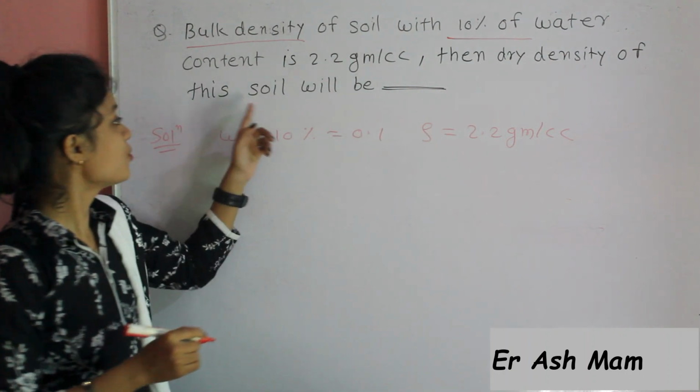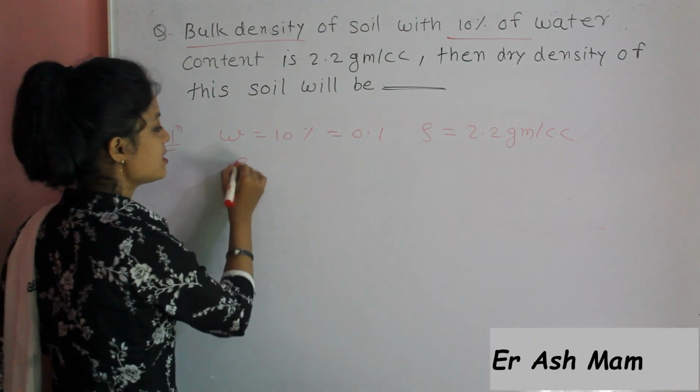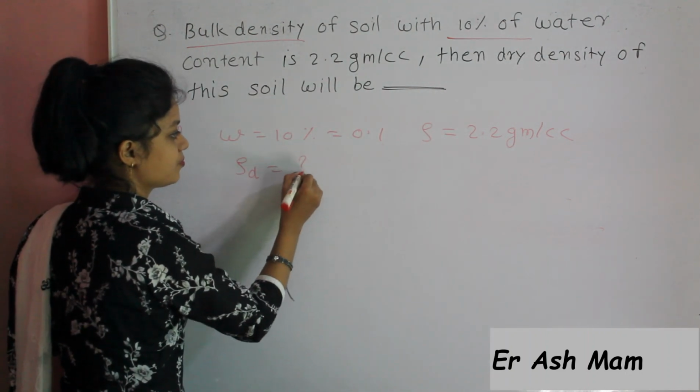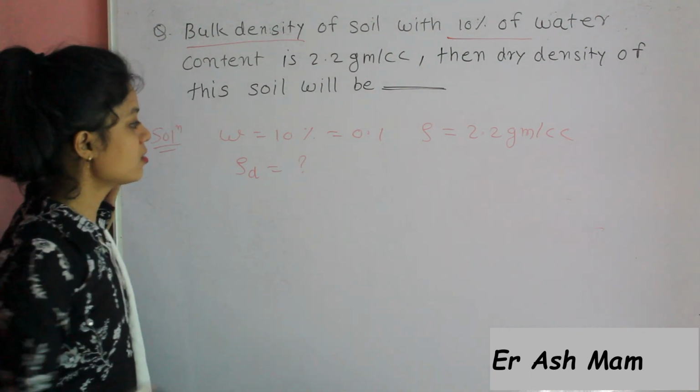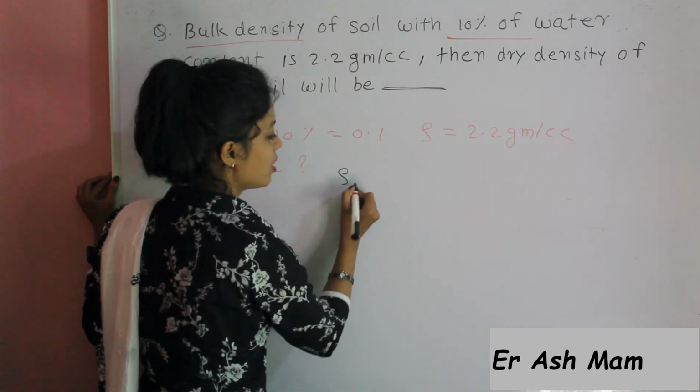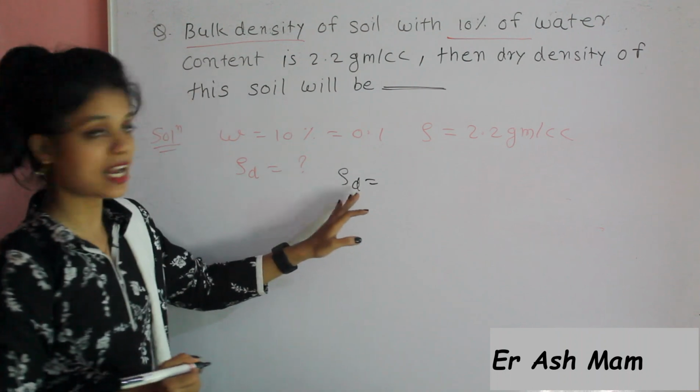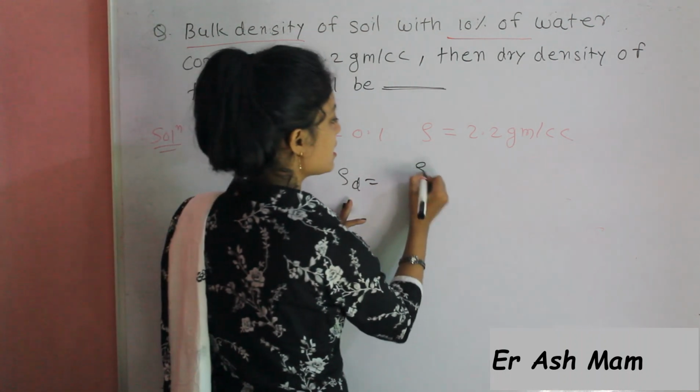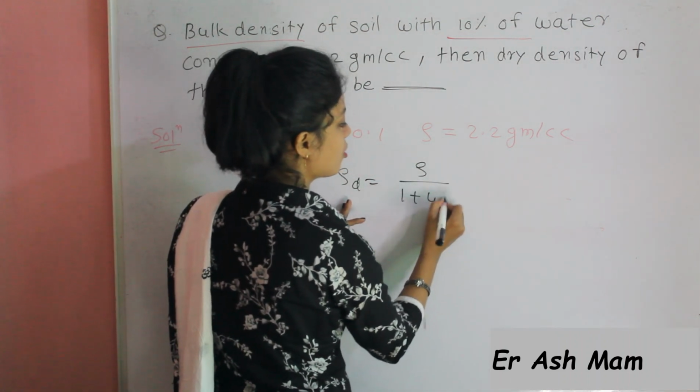Then dry density of this soil will be, so dry density rho d will be, there is one direct formula, one linear formula: rho d, that is dry density, equal to bulk density upon 1 plus water content.